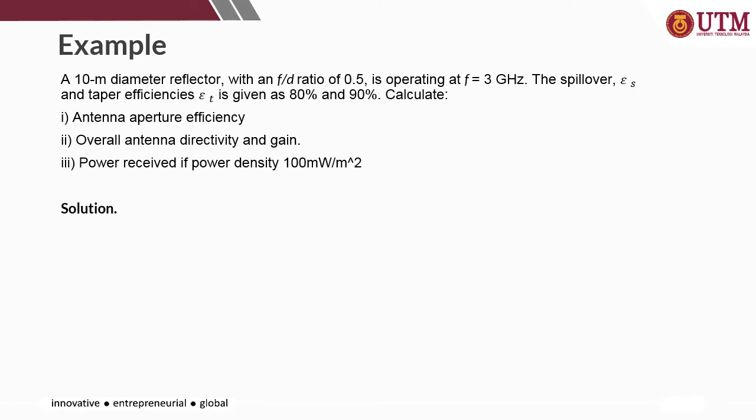As usual, before we begin, refer to the suitable and correct equations. The first one is the antenna aperture efficiency, given as epsilon AP.